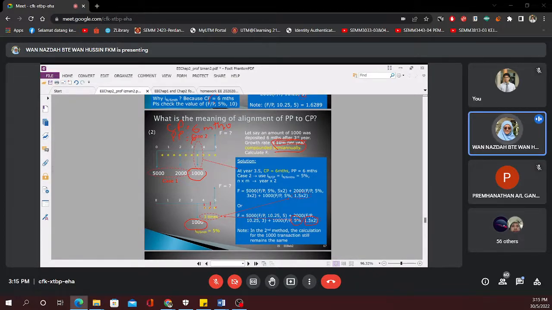So for the case of payment period equals to compounding period, use only case 2, which is I nominal over 6 months equals to 5%. So for this 1,000, you need to use I nominal and then you add up to whatever value that you obtain here. So that gives you the total for F at N equals to 5.